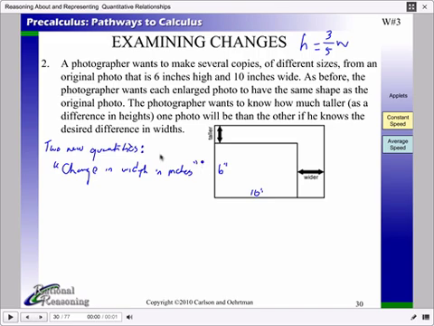So the change in width in inches, and the symbol we use for change is Greek delta. So Greek delta means change, and so we just do delta W. And that is this change in width in inches. Similarly, delta H, change in height in inches.